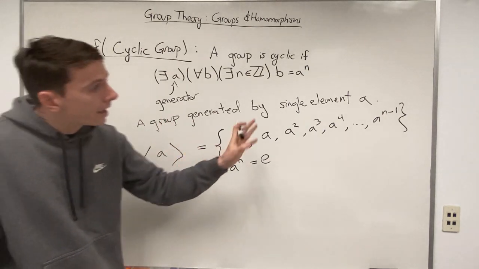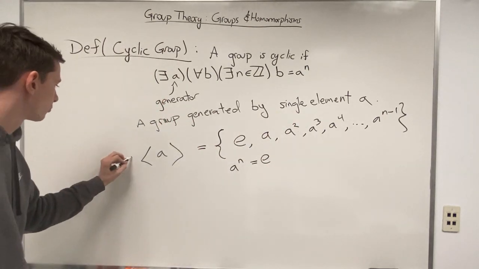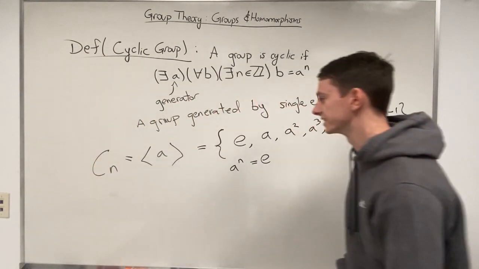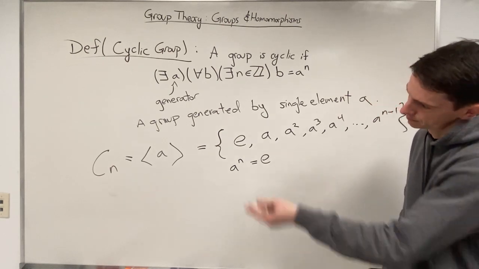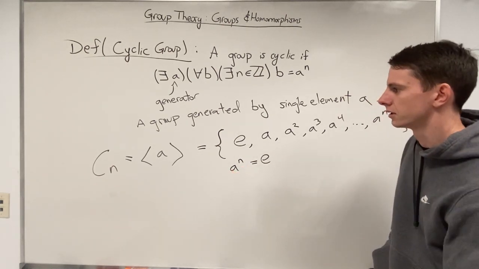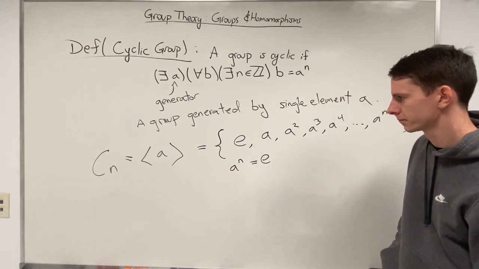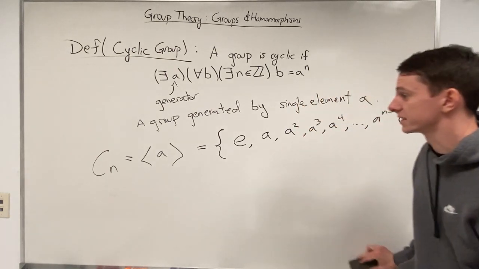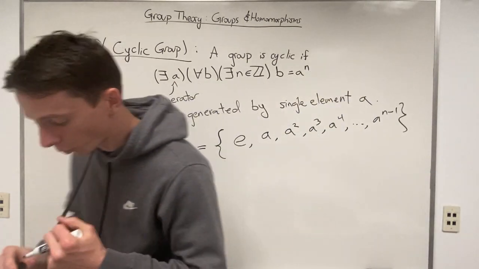And if this group has n elements, we can denote it through another notation, as C sub n, where this is just a group that has n elements in it. Okay. So hopefully this idea makes sense: a cyclic group is a group generated by one element.